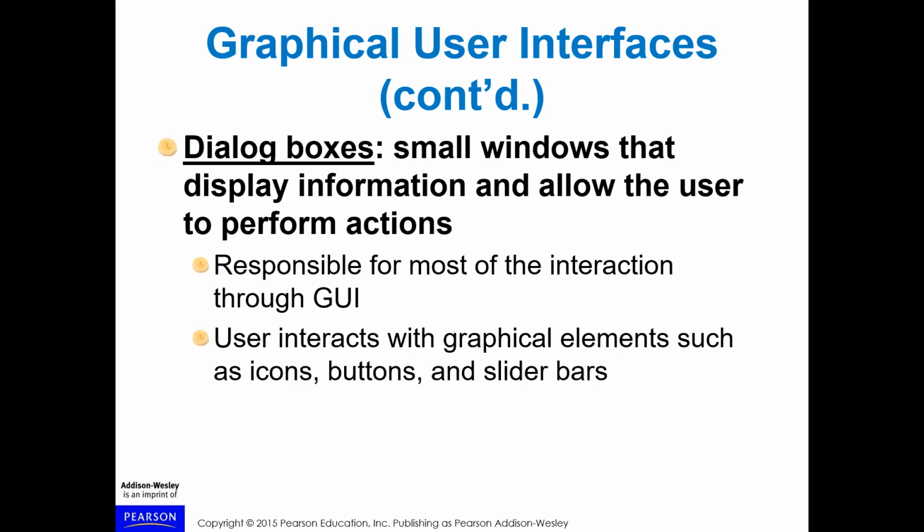So dialog boxes are basically small windows that display, and that's the term. When you talk about GUI, you talk about dialog boxes. They're small windows that display information and allow the user to perform actions. So that's why they usually have buttons, etc., that you can press. That's really the idea.